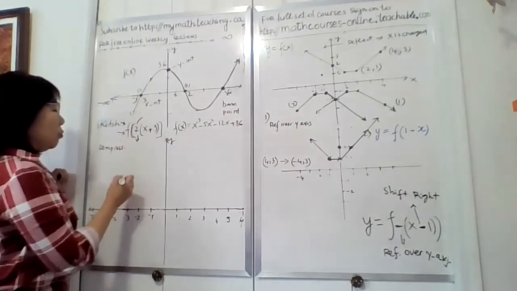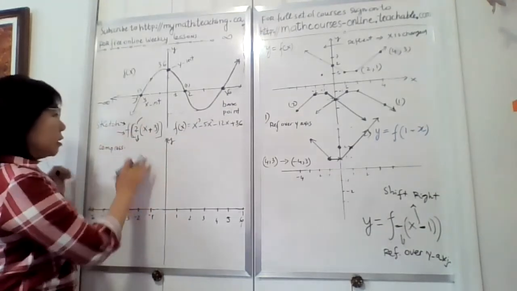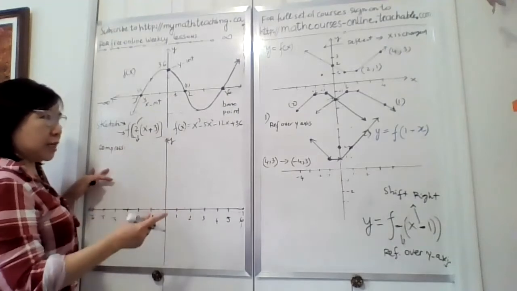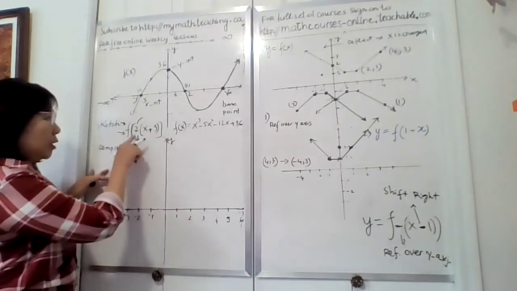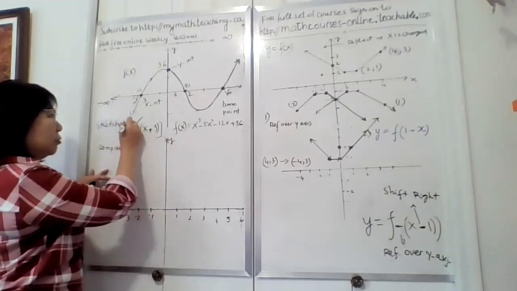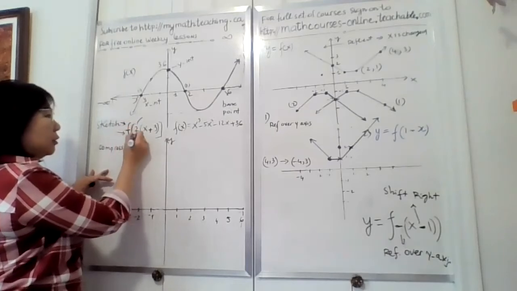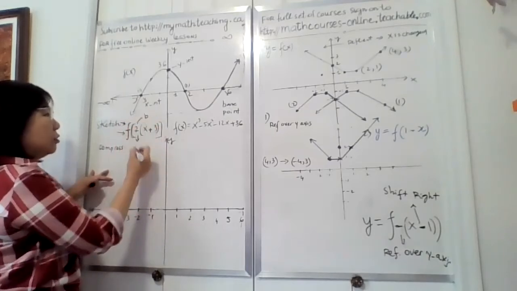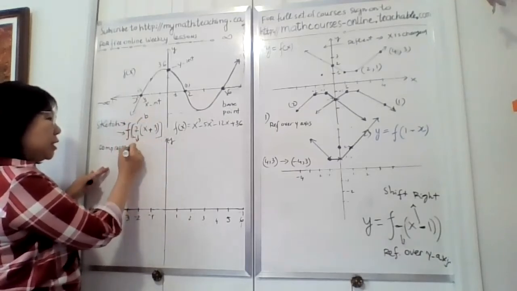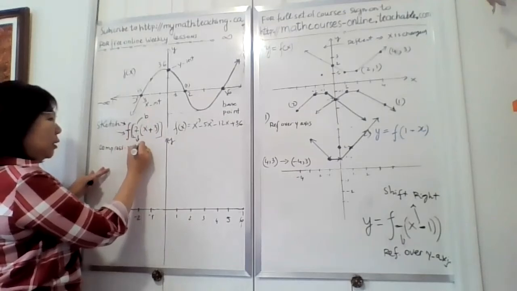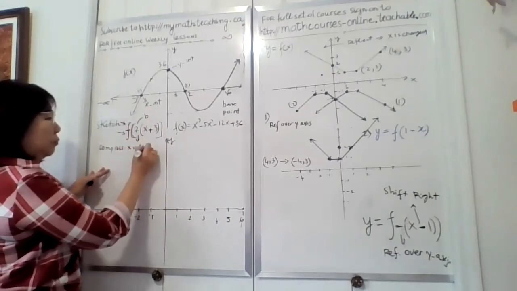And now how do we know? And what is a compression? Does it compress the x or compress the y? If it's inside the function notation like this, this is the letter b, right? You know this will compress the x value and not the y value.